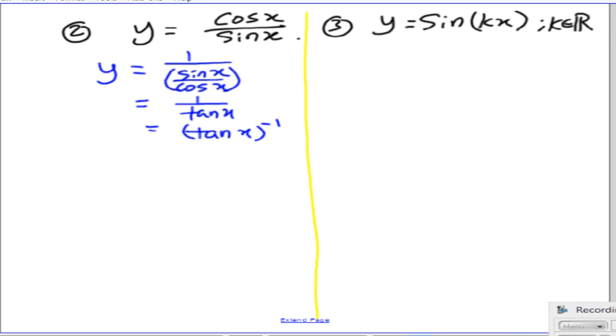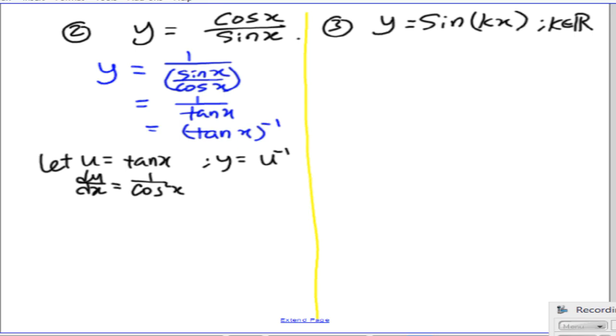So now again, we will let u equal to tangent x, and du dx in this case is going to be 1 over cosine square x, or secant square x, and then y is equal to u to the power of -1. dy du in this case is going to be -u to the power of -2.